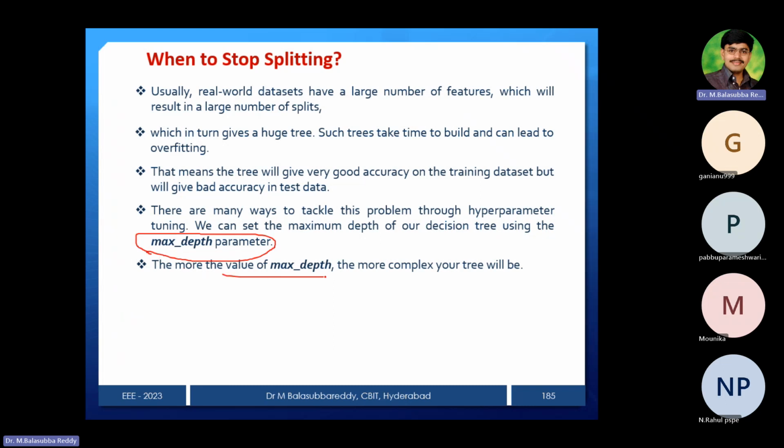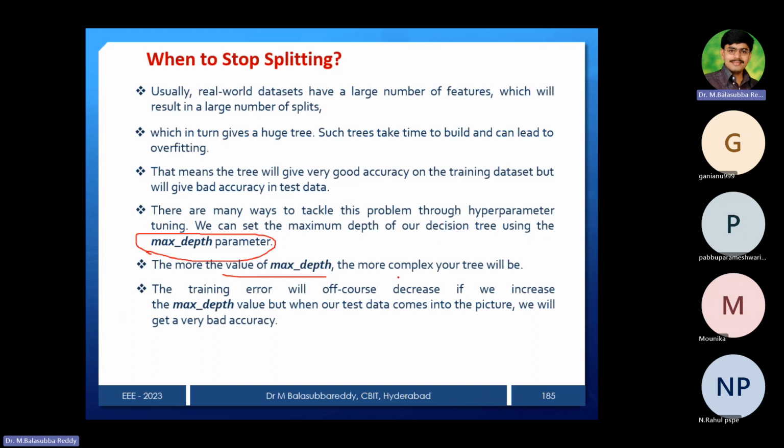The training error decreases if we increase the maximum depth. But when test data comes into the picture, we will get very bad accuracy.